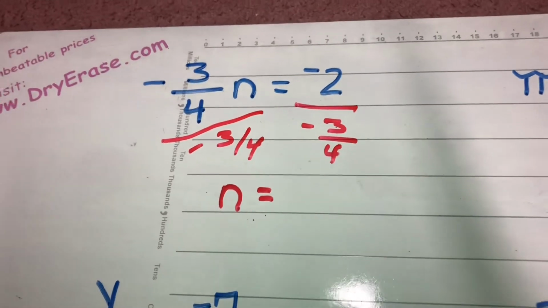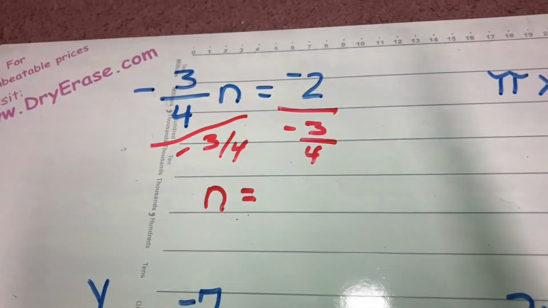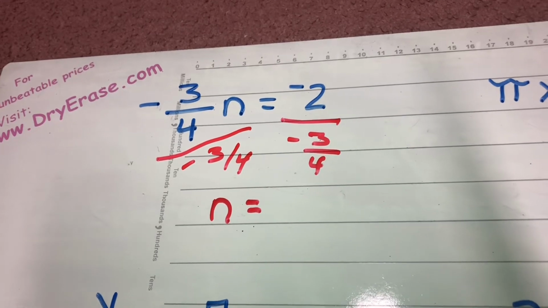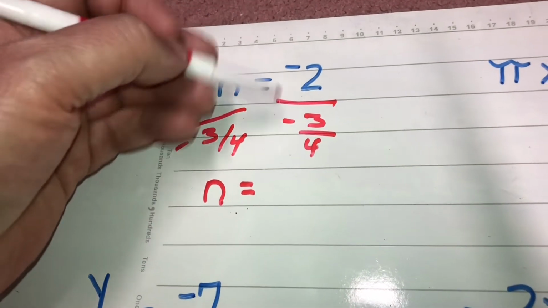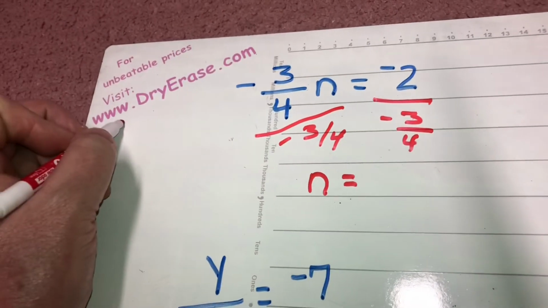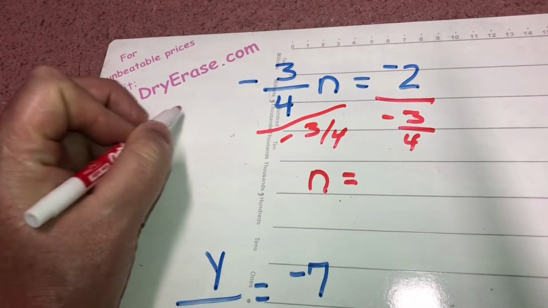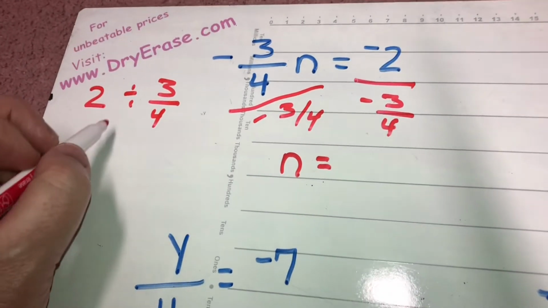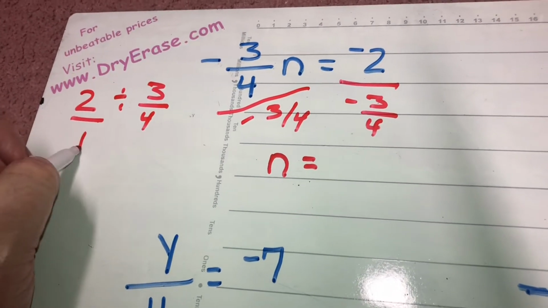Now, as an 8th grader, I should know that a negative divided by a negative is going to be a positive. Okay? So I'm going to pretend the negative numbers aren't even there. I'm just going to do 2 divided by 3/4, because I know my answer is going to be positive anyway. So my 2 becomes 2 over 1.